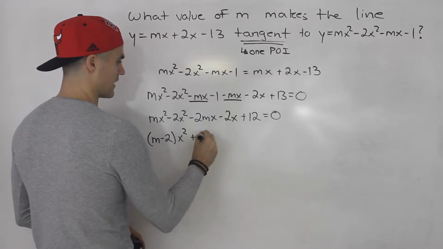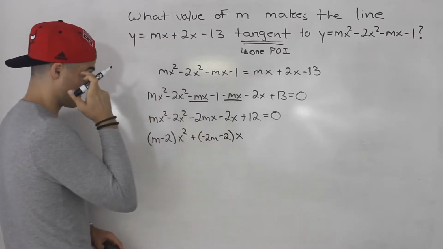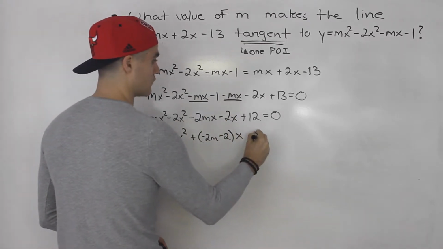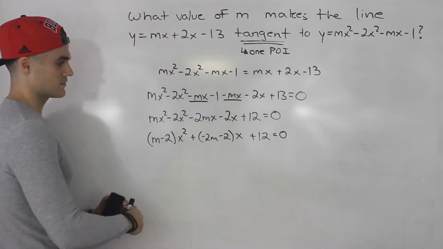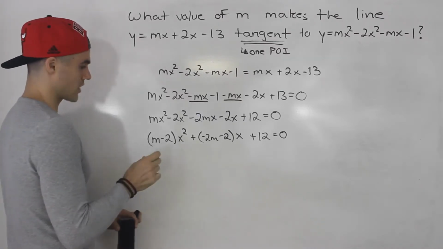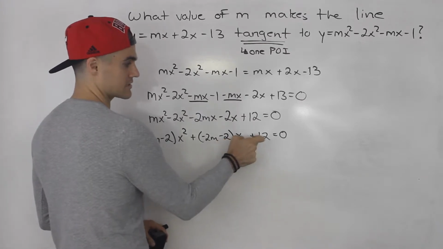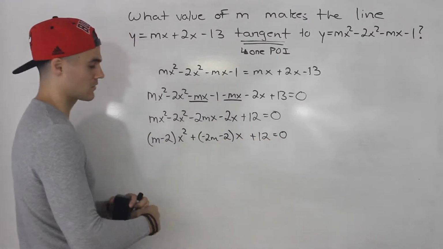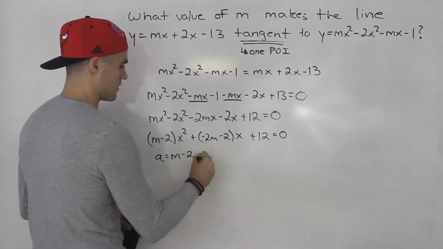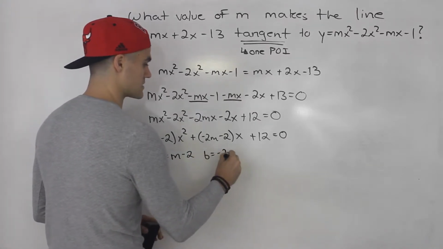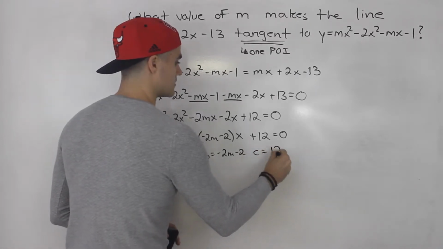So we'd have negative 2m minus 2x in front, and then the plus 12 is left as is. Right? So notice now it's in a quadratic format. Ax squared plus bx plus c equals 0. So the a value is m minus 2. The b value is negative 2m minus 2. Then the c value is 12.